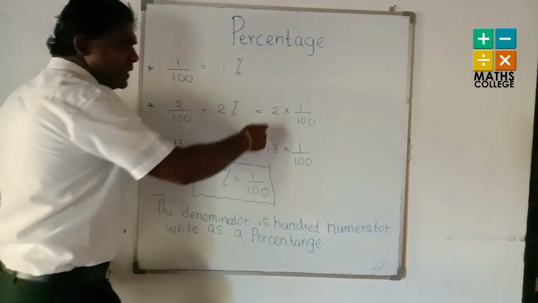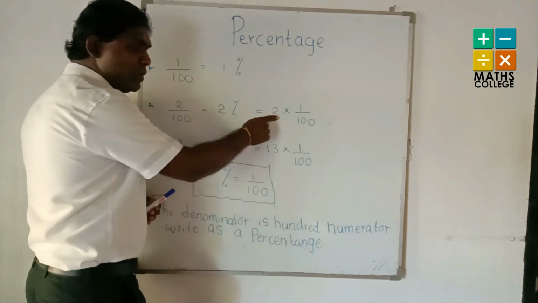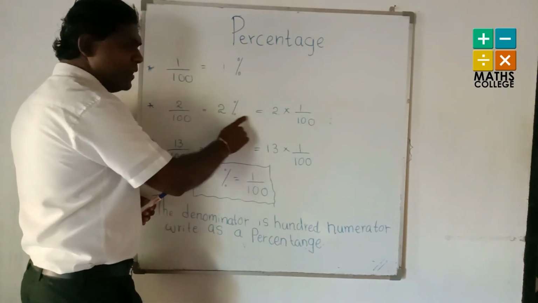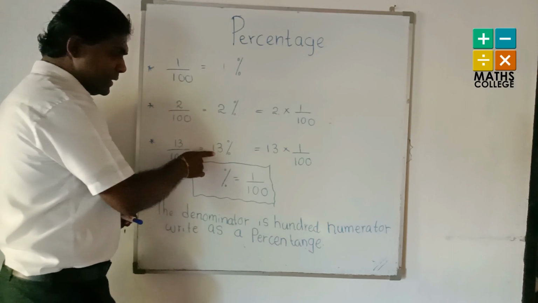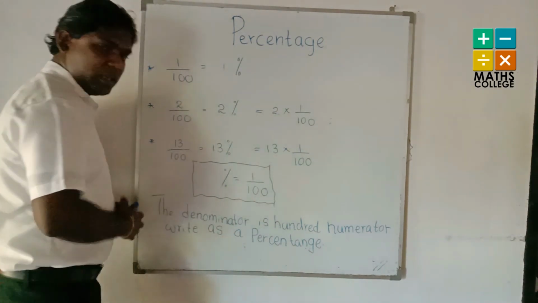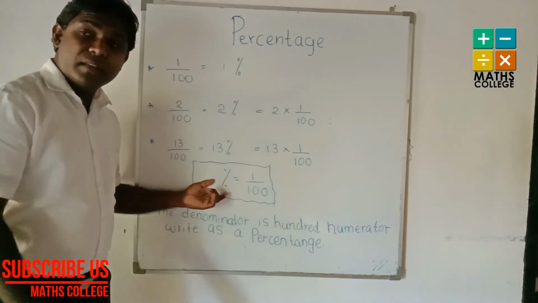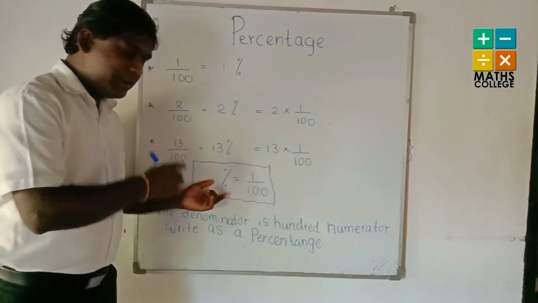Accordingly, this we can identify here: 2 for this symbol 1 upon 100, 13 for this symbol 1 upon 100. That means, my dear student, this symbol meaning is 1 upon 100.